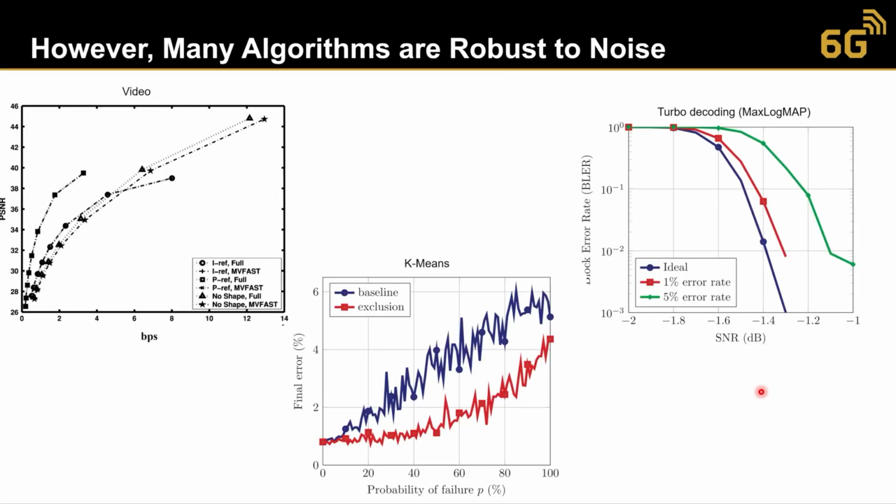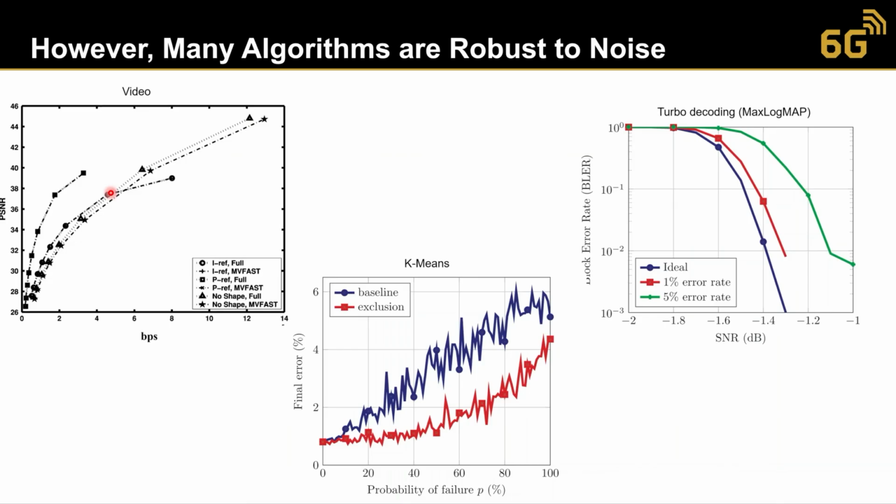The idea behind approximate, as it has been presented previously, is that many algorithms are robust to noise. The best case example probably would be video, where a human can easily understand if there is noise in the video or if the picture quality is bad, you can still understand what is happening there. This is easily seen in signal to noise ratio, which quite smoothly degrades if you reduce or add noise into the process.